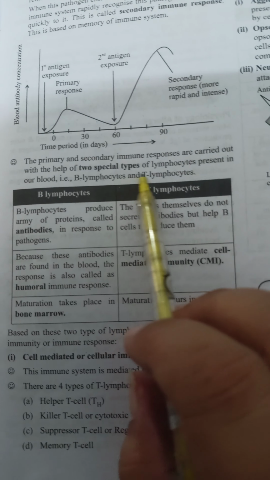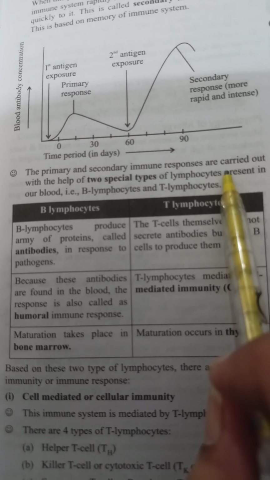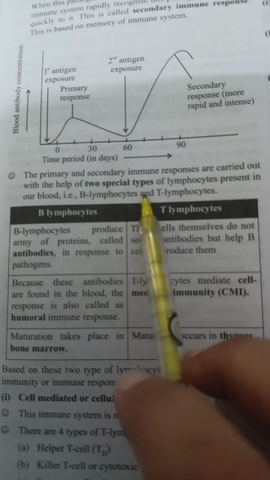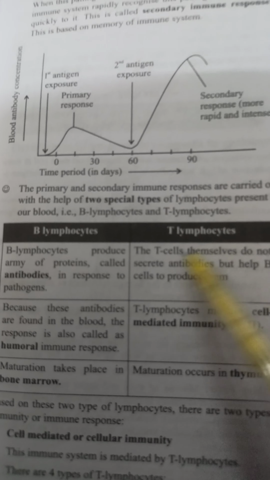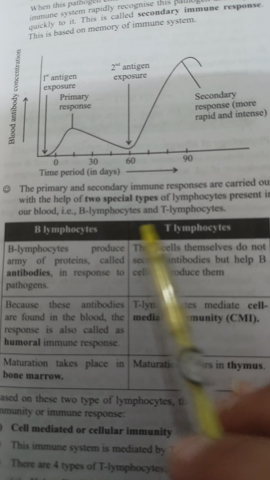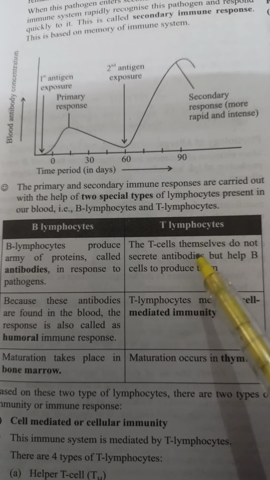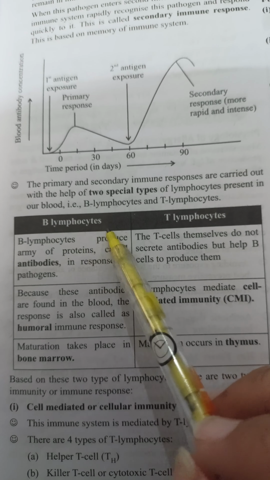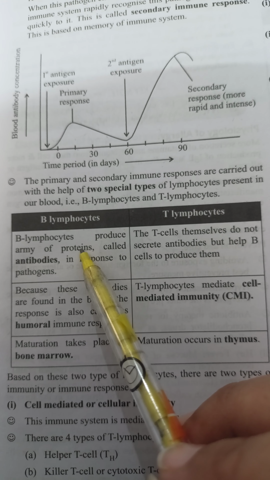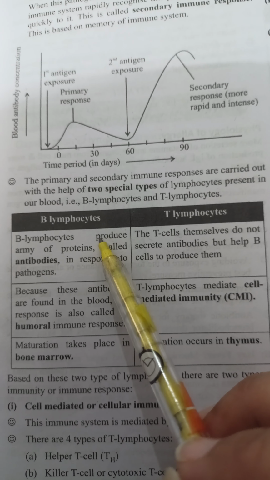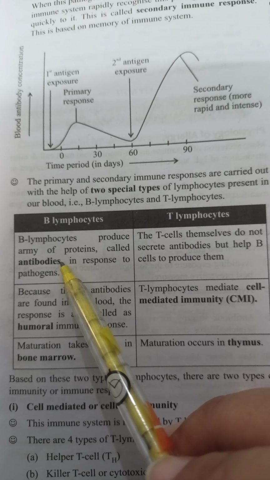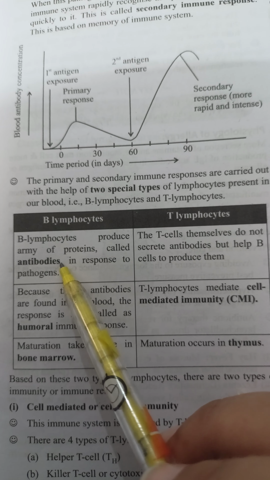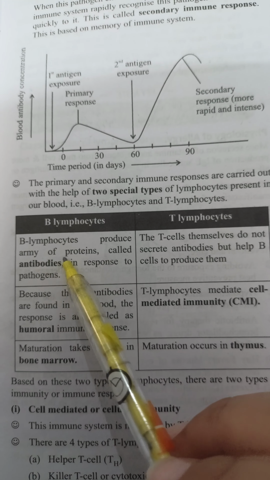So the primary and secondary immune responses are generally carried out with the help of two special types of lymphocytes that are present in our blood: B lymphocytes and T lymphocytes. B lymphocytes are those lymphocytes which produce antibodies, or we can say the army of proteins.